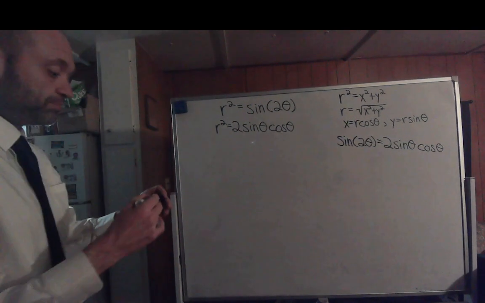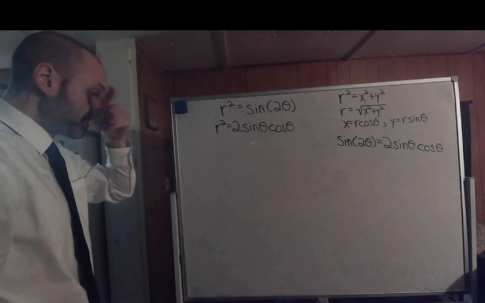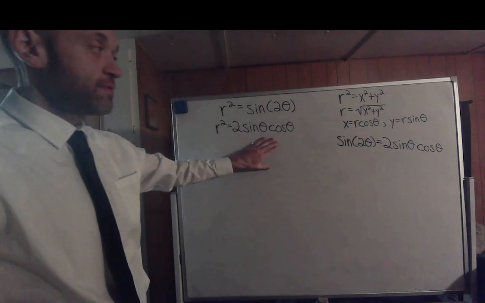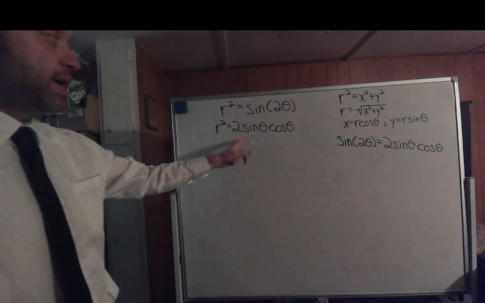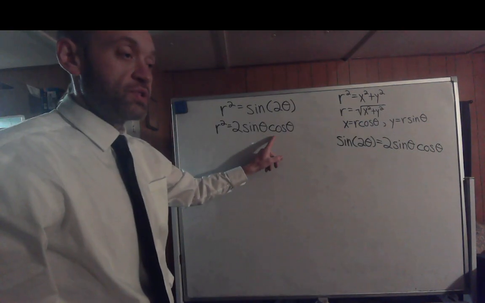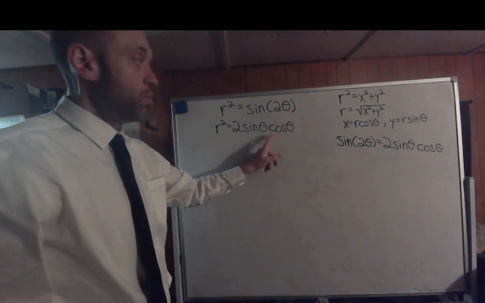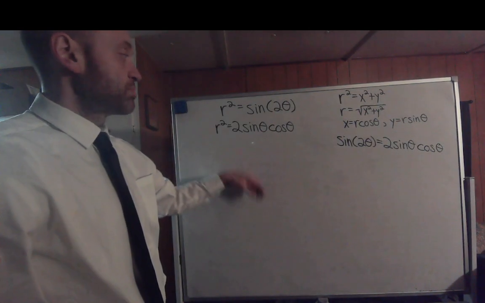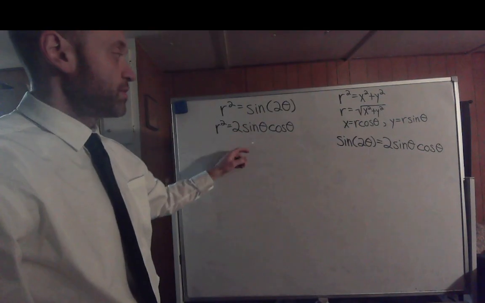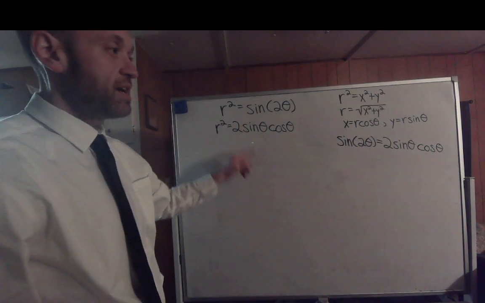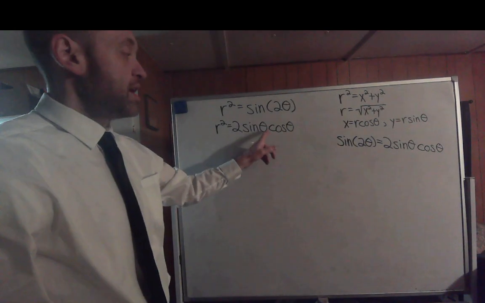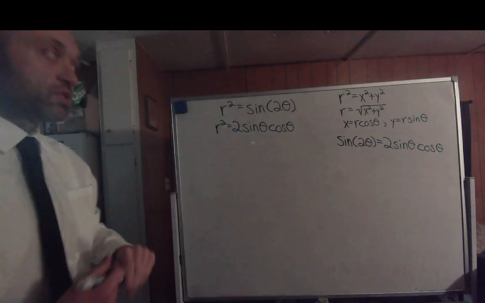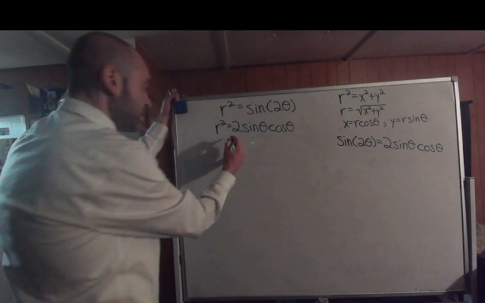Alright, well, here's the thing. We just have 2 times some trig functions. If we had the r's with each of those, we could actually work with it. If we multiply by an r and put it in between the 2 and the sine, and put another r in between the sine and the cosine, technically we're multiplying both sides by r squared.